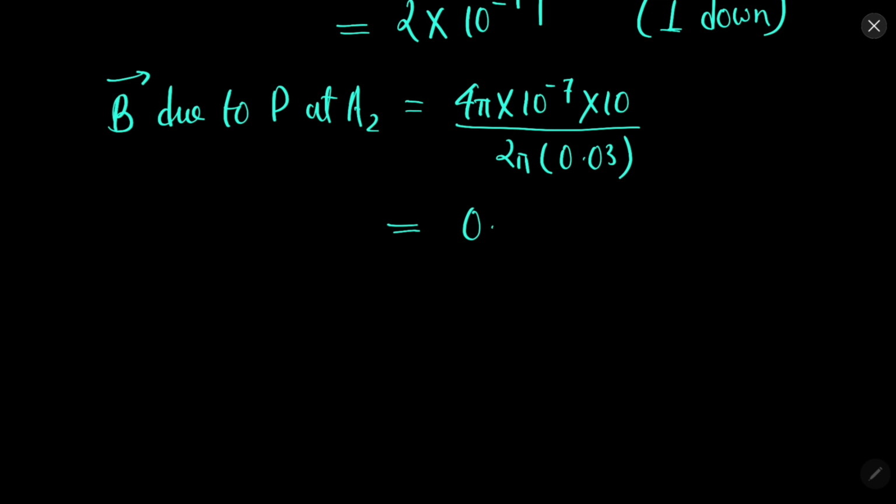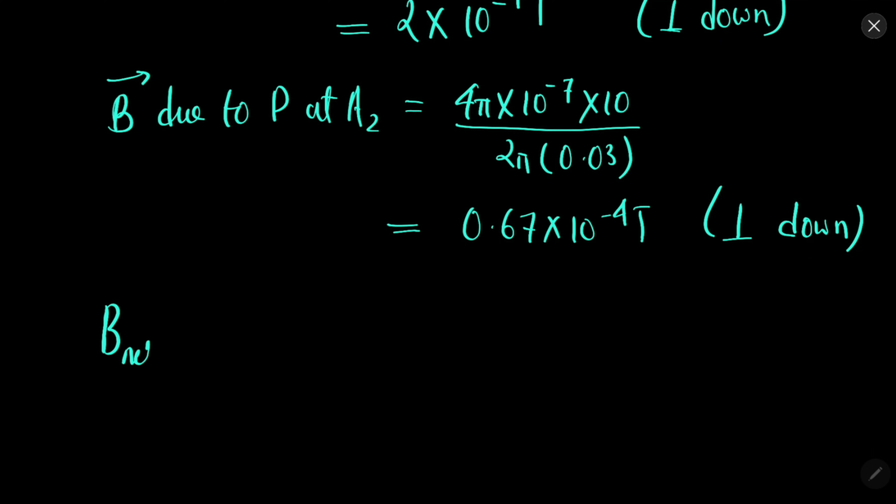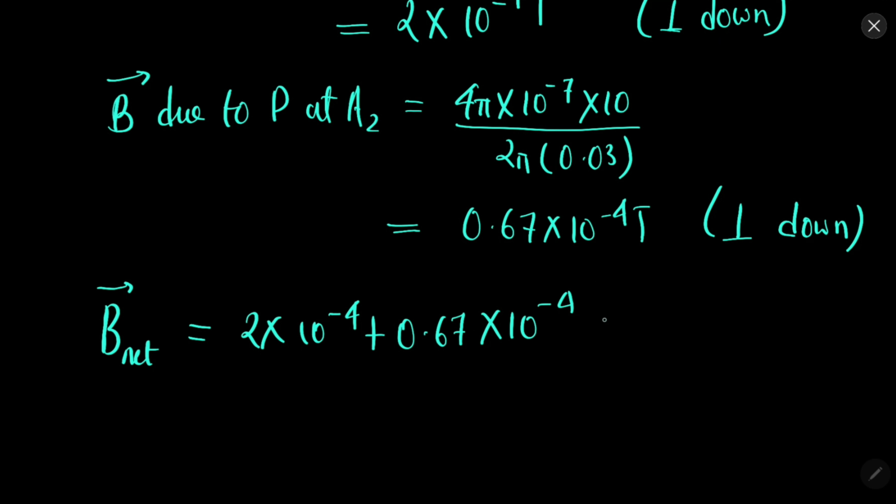So this will give us 0.67 into 10 to the power minus 4 Tesla, again perpendicular down the line. So net magnetic field in this situation will be addition of both, because they are in same direction. So it will be 2.67 into 10 to the power minus 4 Tesla.